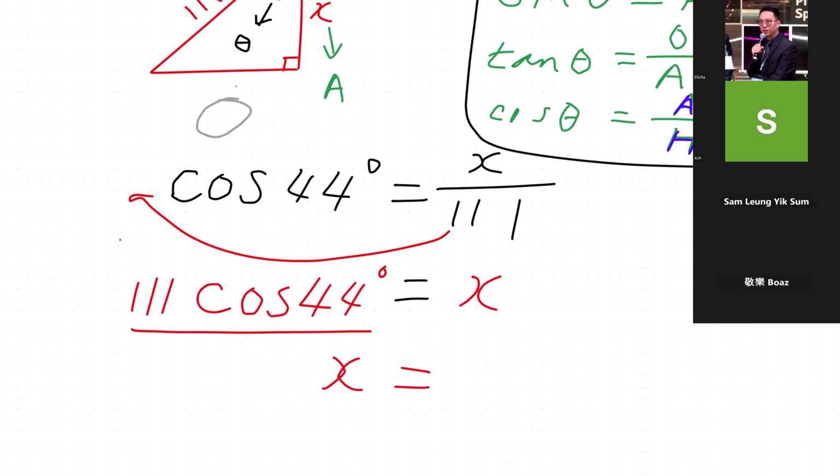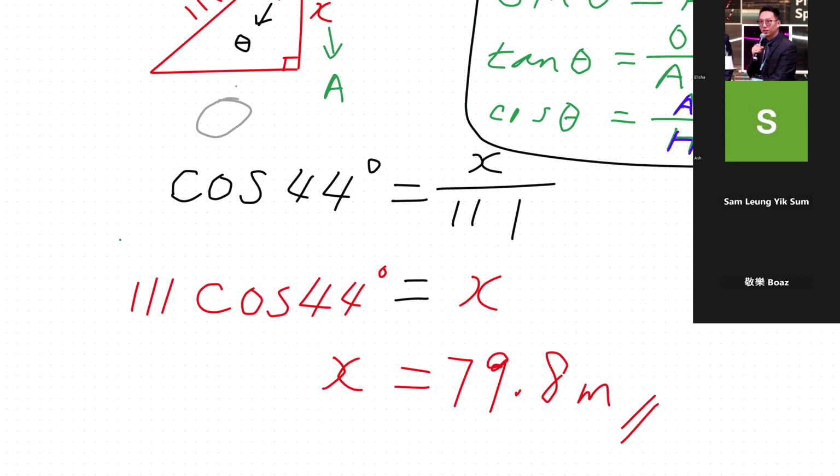So you will have X is 79.8 meters. So that would be our answer. Okay, take your time to understand it. If anything you don't understand, ask me. So that would be our answer: 79.8 meters.